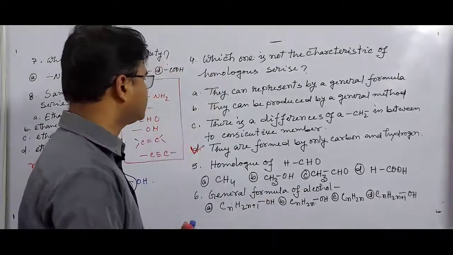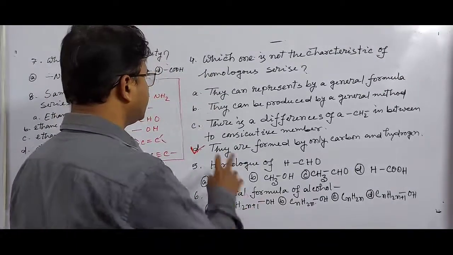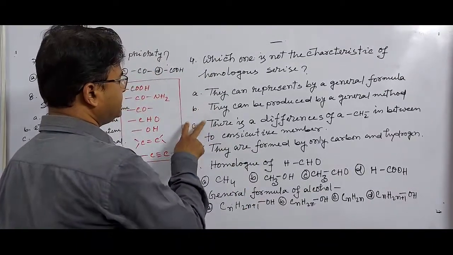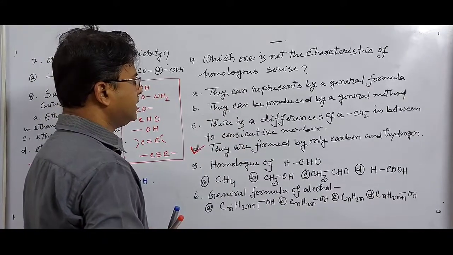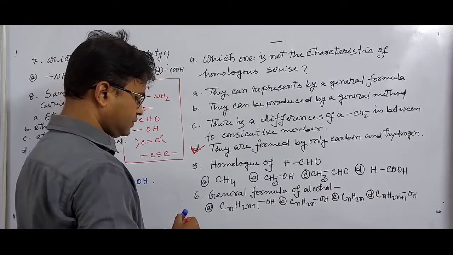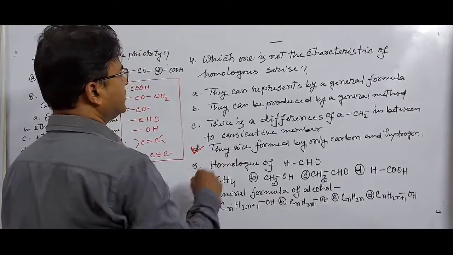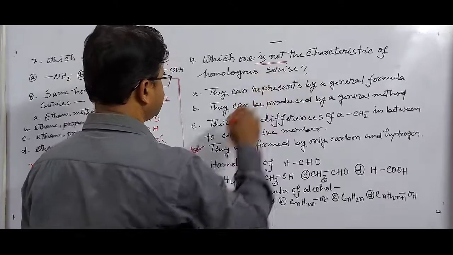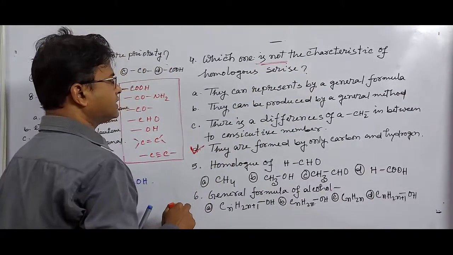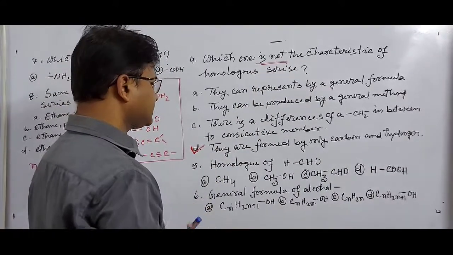So dear students, you have already understood that options A, B, C are the characteristics of a homologous series. My question is, which is not a characteristic? So option D is not a characteristic of a homologous series.